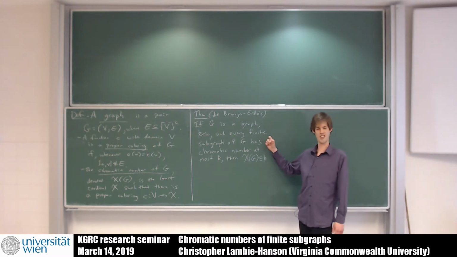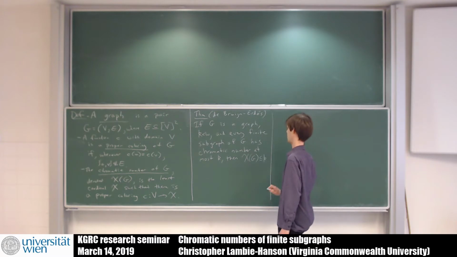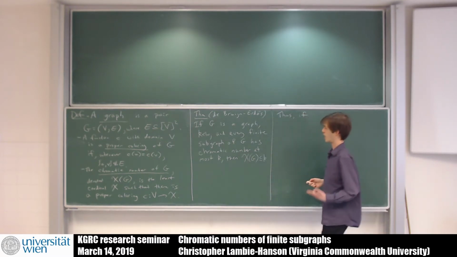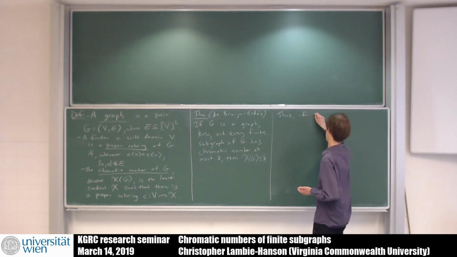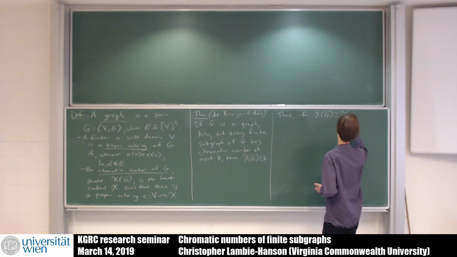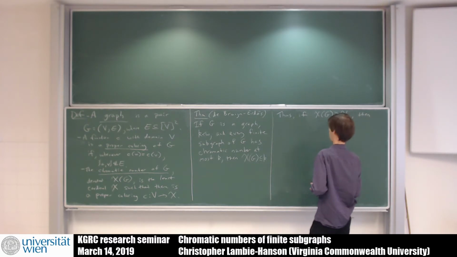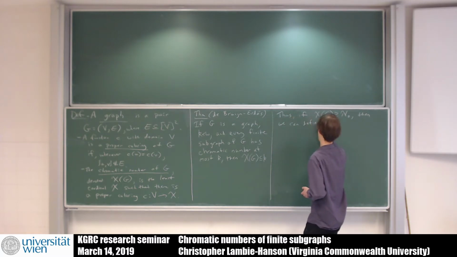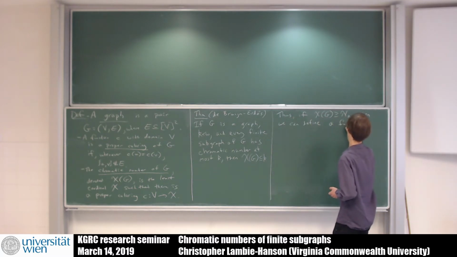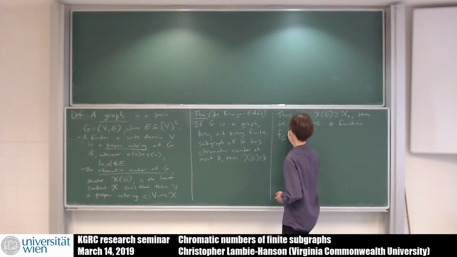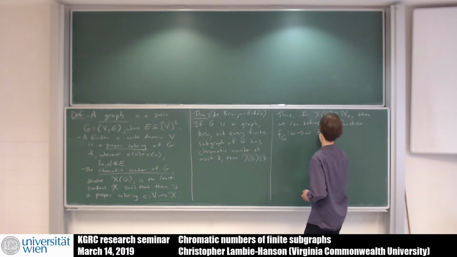An immediate consequence of this theorem is the following statement. Therefore, if G is a graph that has infinite chromatic number, then we can define an interesting function, I'll call it f sub G, from the natural numbers to the natural numbers.